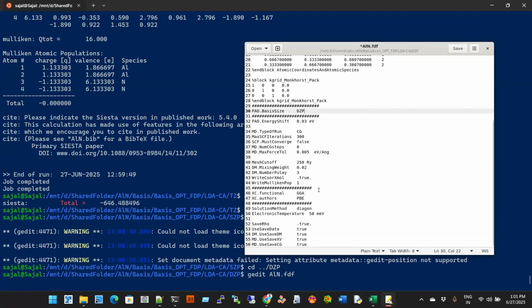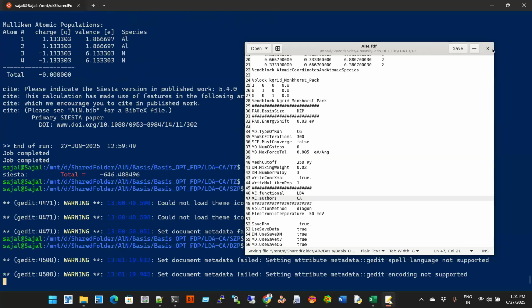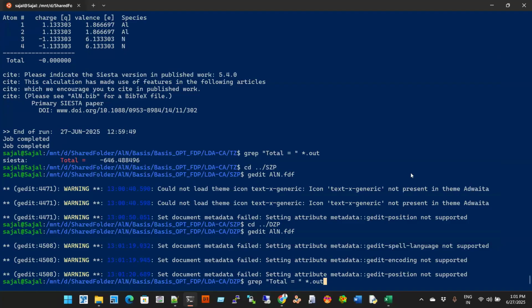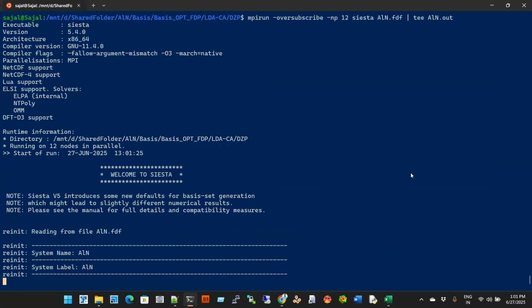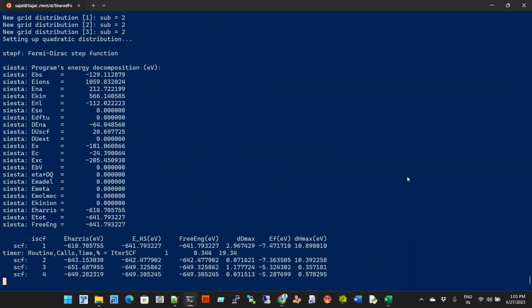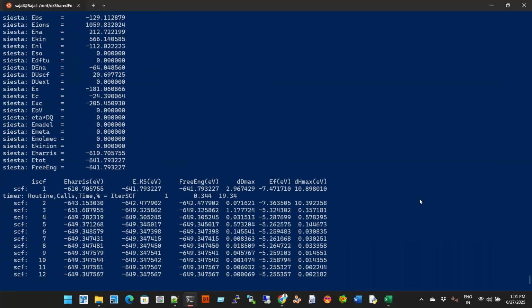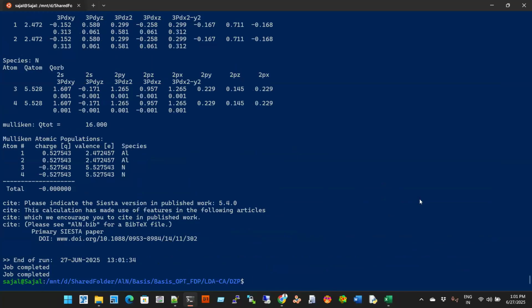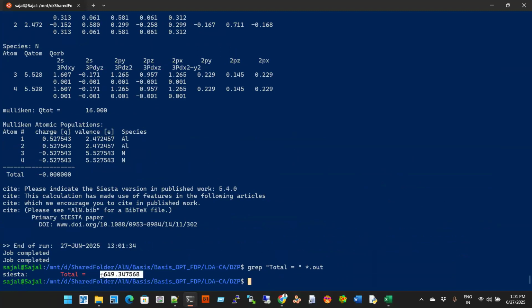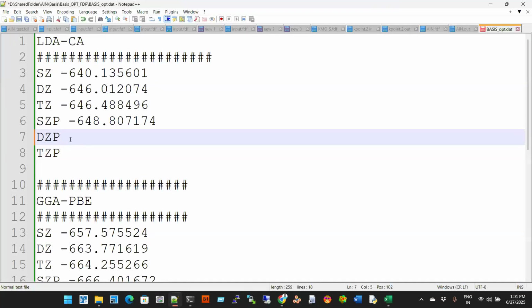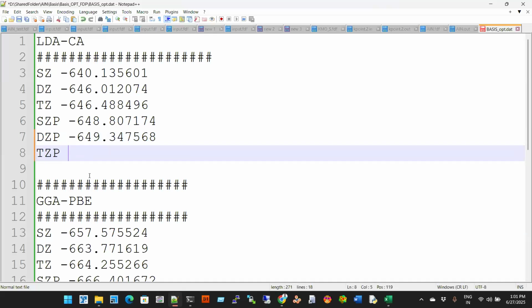DZP, LDA CA. Run this, and check the total energy. We are dealing with DZP, so write down the total energy in the DZP.